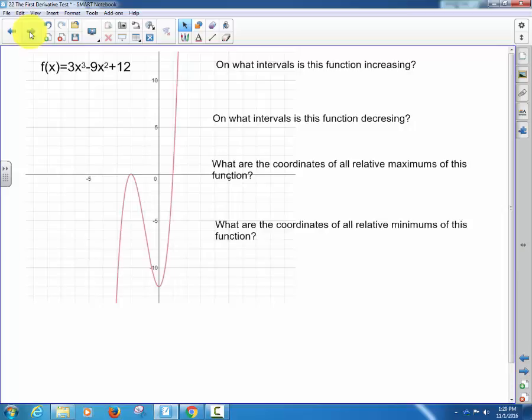On what intervals is the function increasing? Talk about it with your partners for a minute. Try to answer those 4 questions and come up with solutions, and then we'll come back and decipher your answers and maybe learn something.